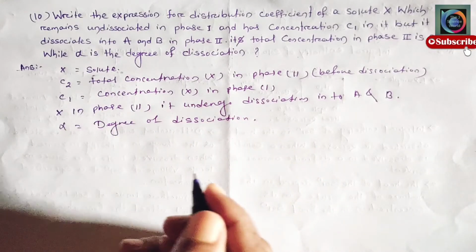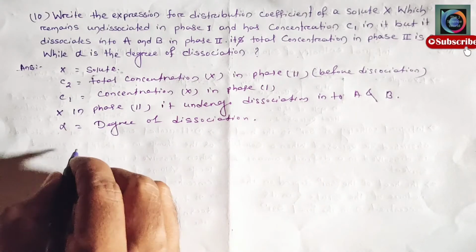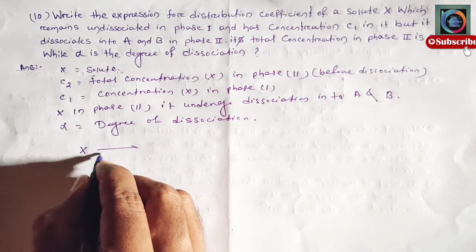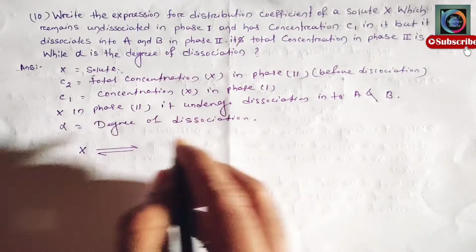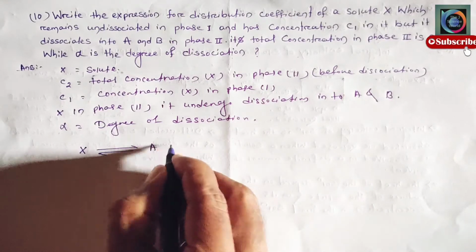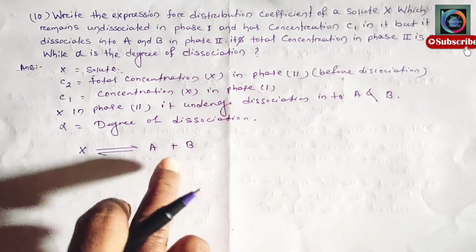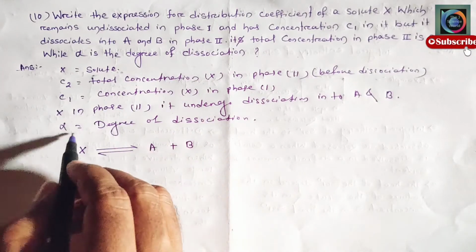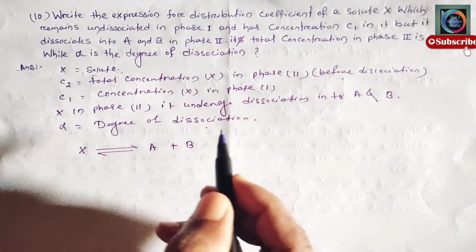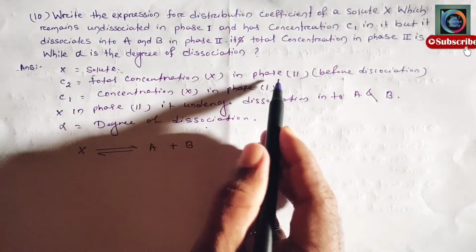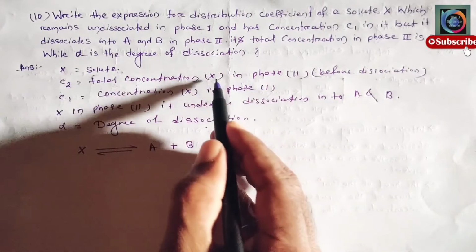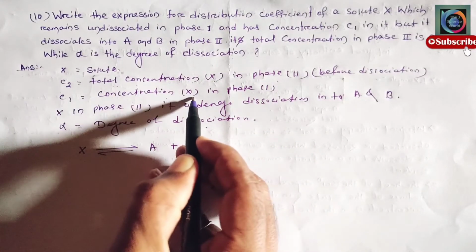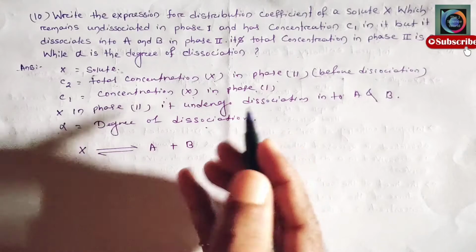Well, if we draw the reaction, X, our solute, undergoes dissociation into A and B. Here, according to this question, alpha is the degree of dissociation, C2 is the total concentration of X, the solute in phase 2, and C1 is the concentration of X in phase 1.